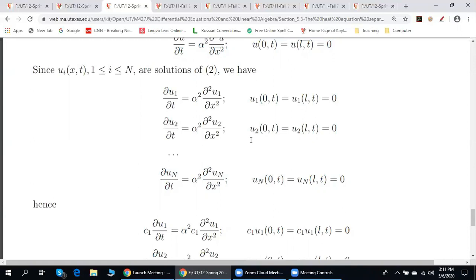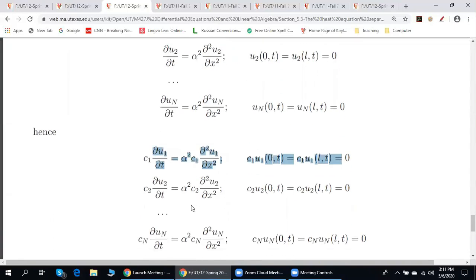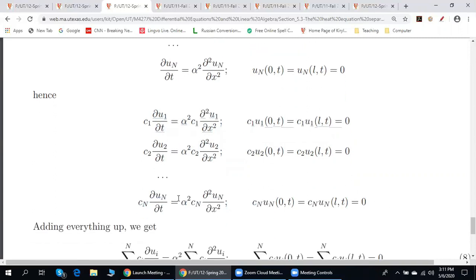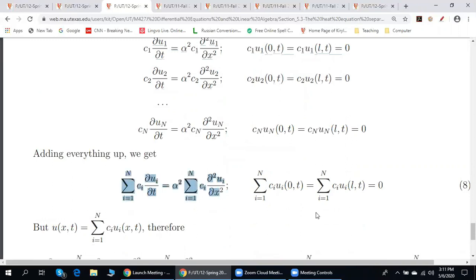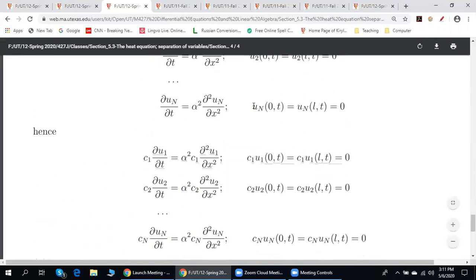Next step, let us multiply each row by C1, C2, and so on, Cn. After that, let us add these equations together, done, and these conditions together, done.